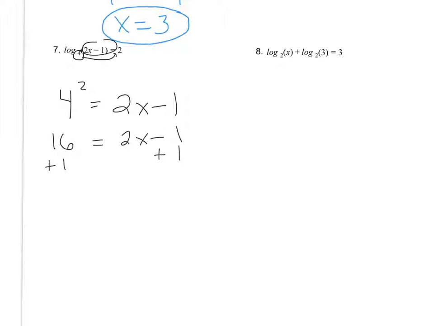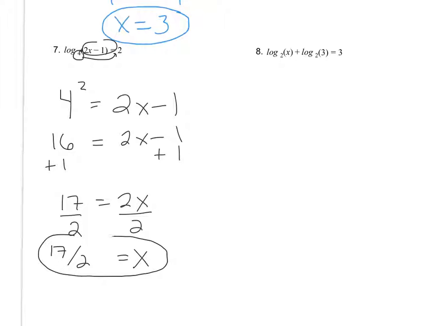I'll add 1 to both sides. So 17 equals 2x. And then I'll divide both sides by 2. So x is 17 over 2. I can't stress how important that change of forms is, where you're going from log to exponential or exponential to log. Very important.